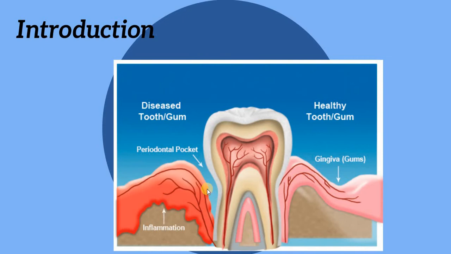And this pocket formation can occur by coronal movement of the gingival margin or the apical displacement of the gingival attachment, or a combination of both.